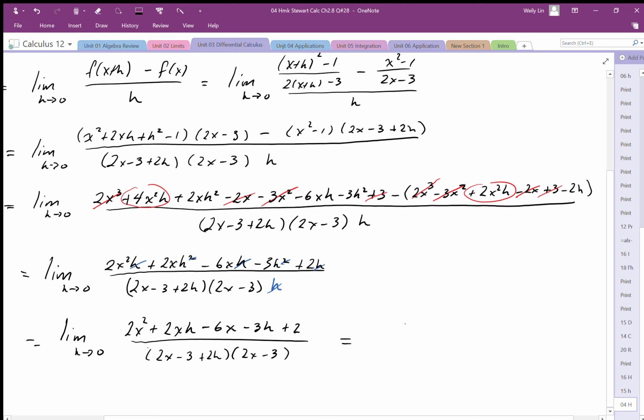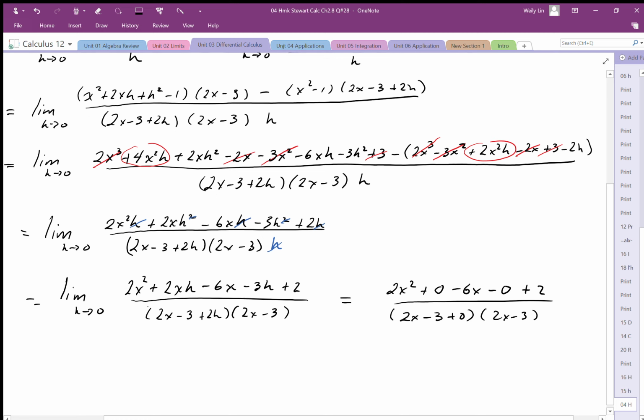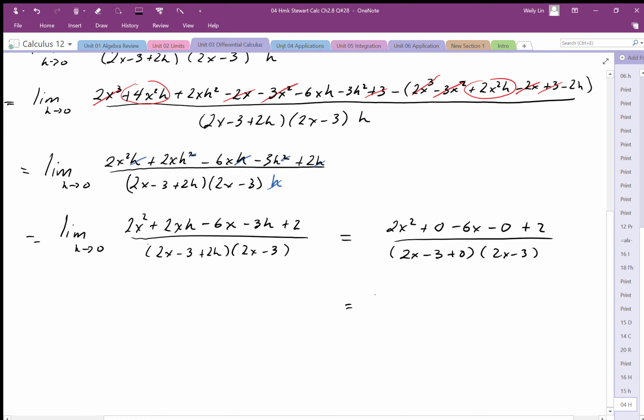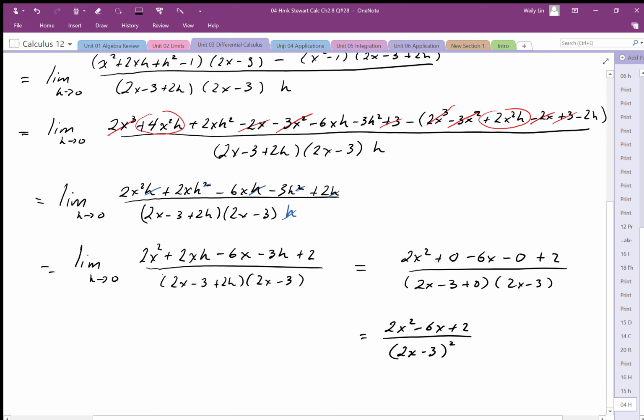So as I apply my limit, I end up with 2x squared plus 0 minus 6x minus 0 plus 2, and that's all over my denominator of 2x minus 3 plus 0, 2x minus 3, and our final answer then becomes 2x squared minus 6x plus 2 all over 2x minus 3 all squared. Okay, so there's my derivative function using the Newton's quotient.